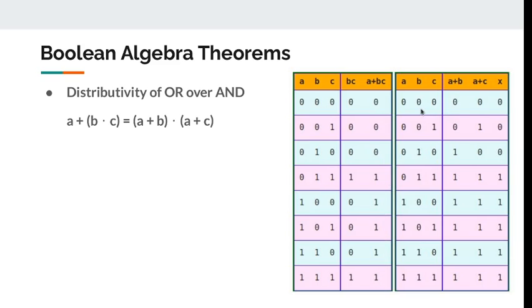From the other side of the equation, we have A or B and A or C, and if we AND those together, we have this output that's the same as the other side of the equation. So you can see by exhaustion again that A or (B and C) has the same behavior as (A or B) and (A or C).